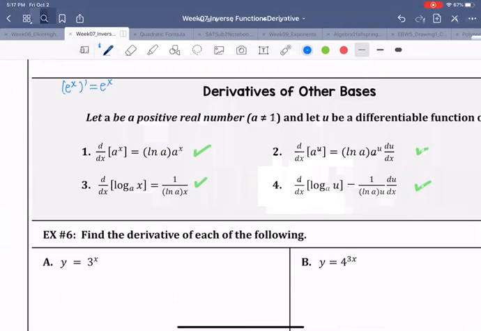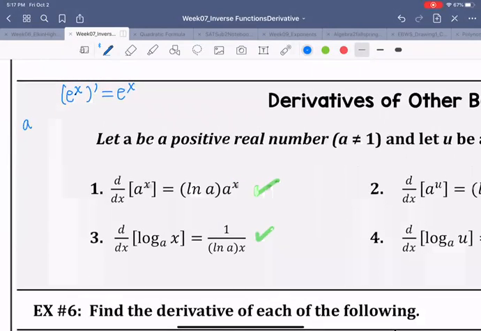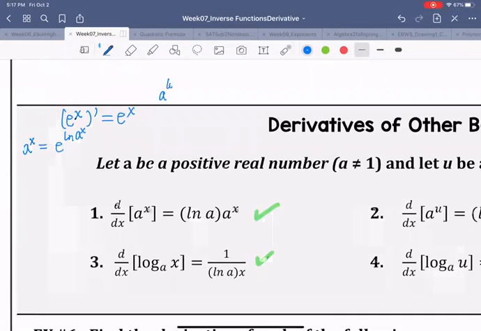Now, a to the power x, we can do this: e to the power of ln of a to the power x. e and the ln cancel, I know. a to the power of log_a x equals x. So that's equal, and based on this, this is e to the power x times ln a, right?